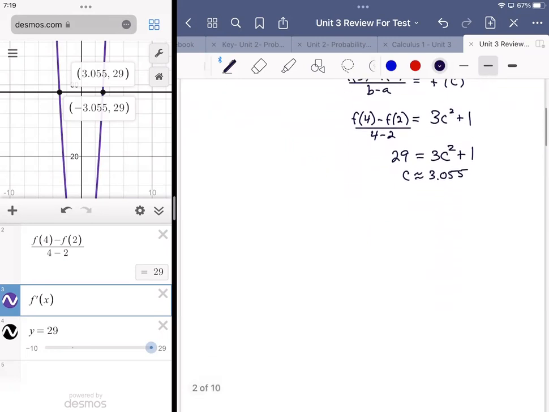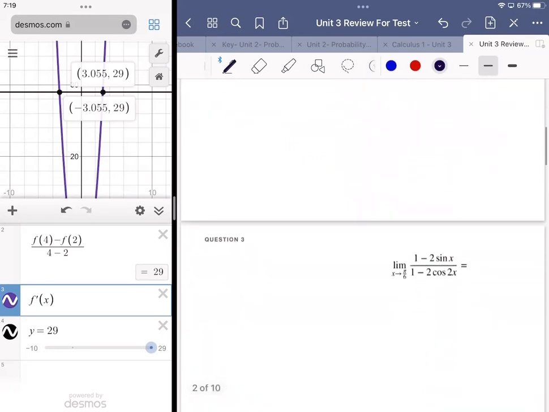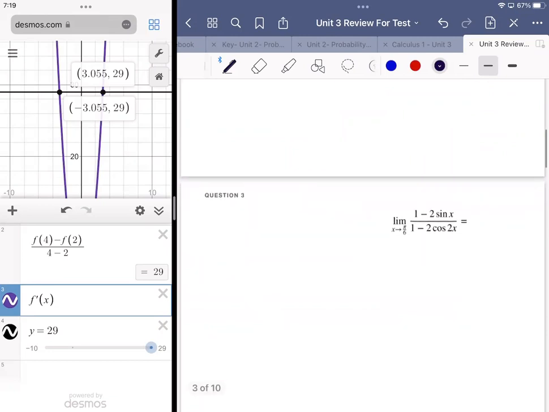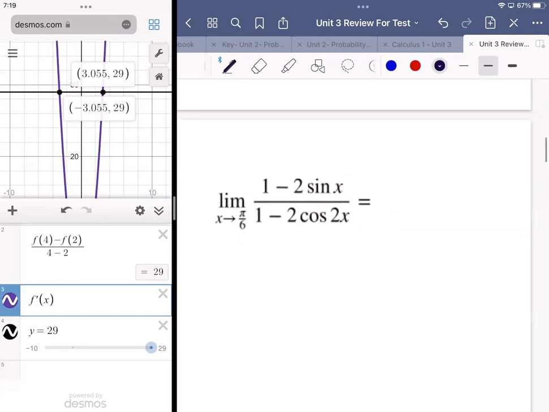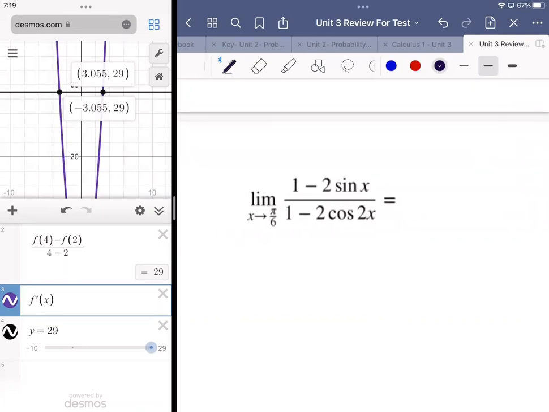Then number 3, L'Hopital's rule. It doesn't say it, but it is. Because it's the only limit-based problem in the unit. The first step in any kind of L'Hopital's rule, or really any limit question, is to evaluate the limit first.